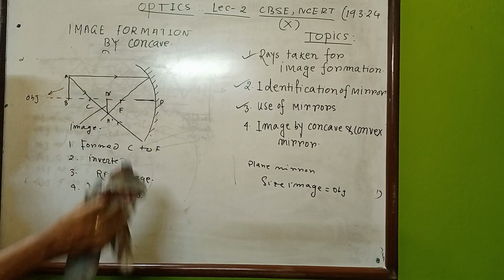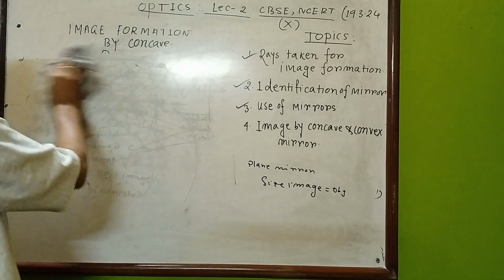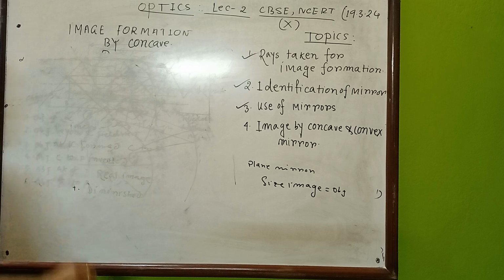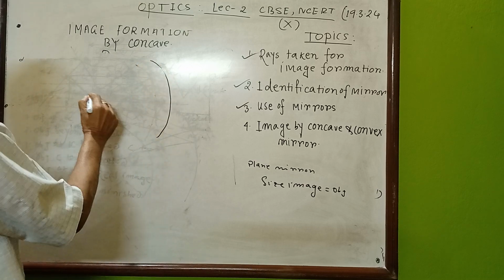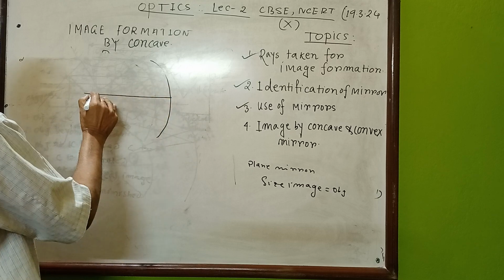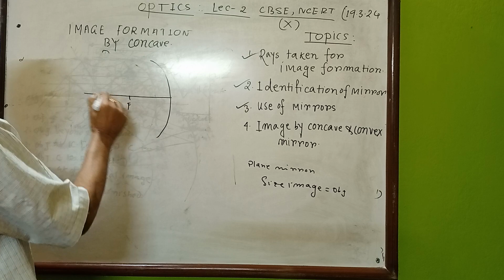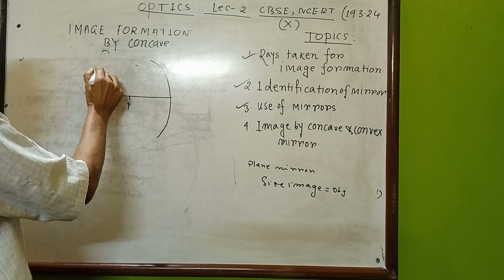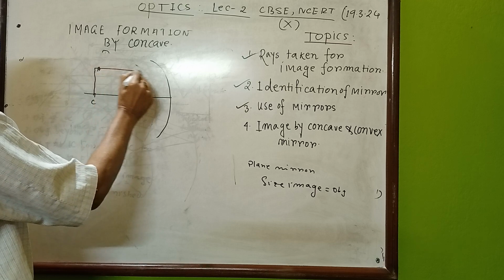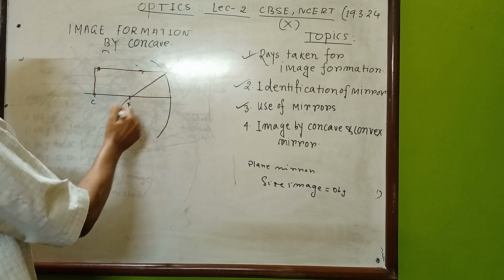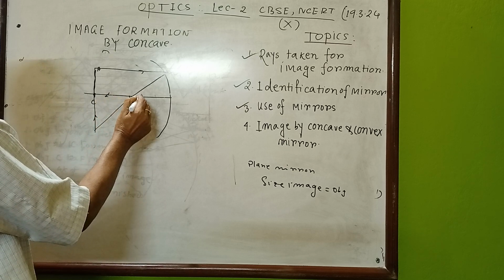Now case 3, that means the center of curvature. You consider the body at the center of curvature. That means C, this is F. You consider AB. So you take the parallel ray. This is F, and this is the center of curvature. It traces back.